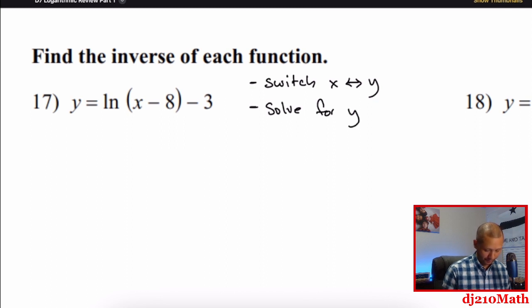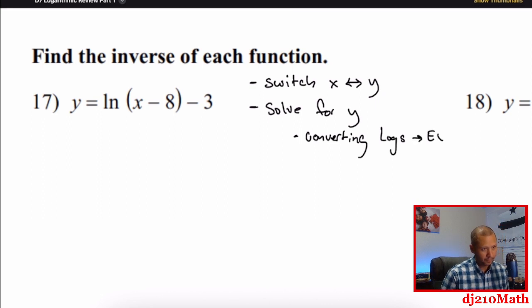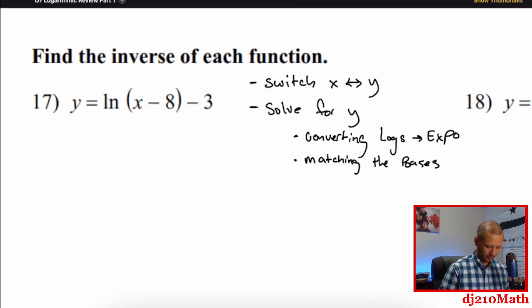Usually when you solve for y, this is going to take converting logs to exponential form, and sometimes making the bases match. So then you can set the exponents equal to each other. So let's see. All right.